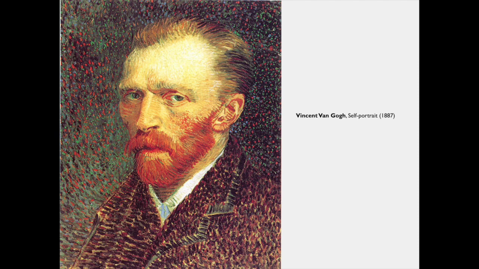A lot has been written about Van Gogh's self-portraits, and what he tries to convey with them. In some of them, he looks victorious and accomplished and in charge of his personality and who he is, and in others, his gaze suggests this loneliness, this sorrow, this tiredness.